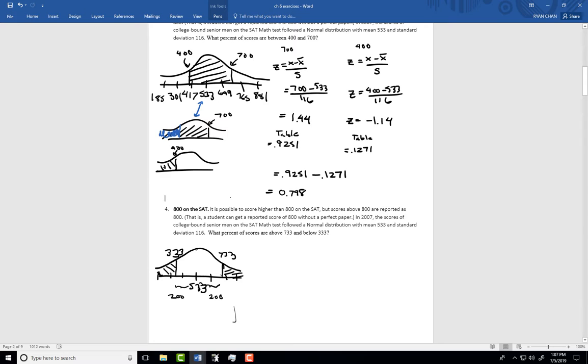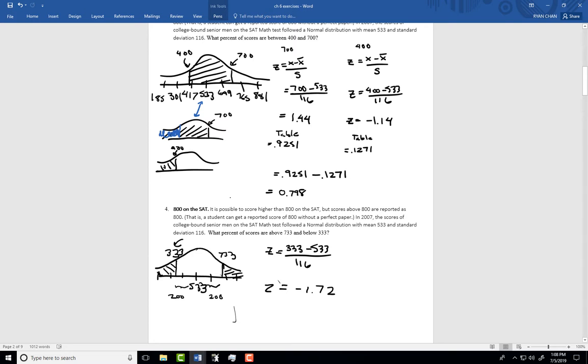So all I'm going to do is just pick one. So let's pick the 333. So I'm going to do z is equal to 333 minus 533 divided by 116. Okay, and I get approximately negative 1.72.